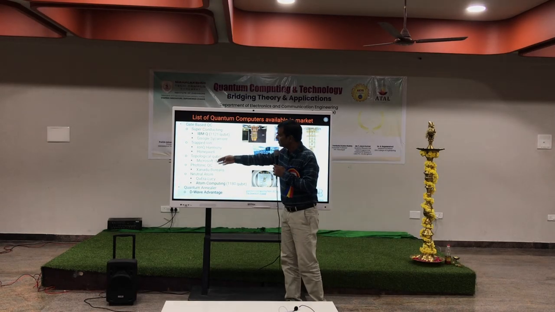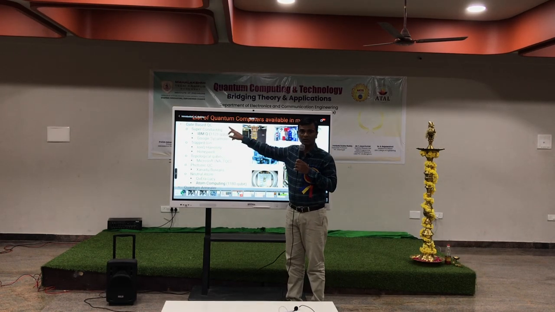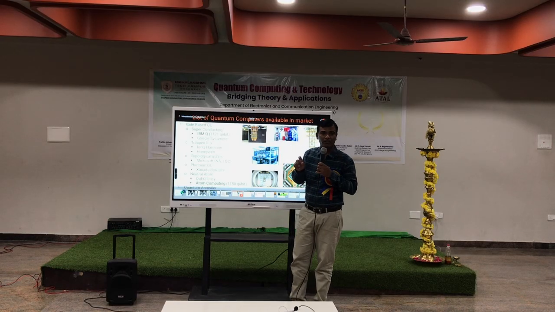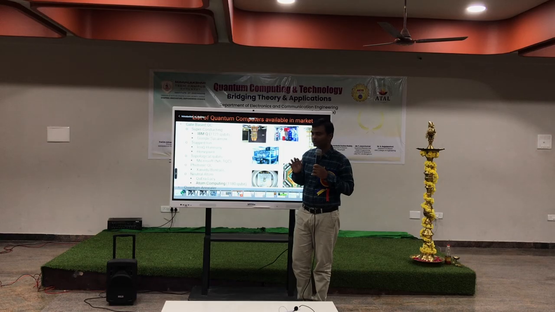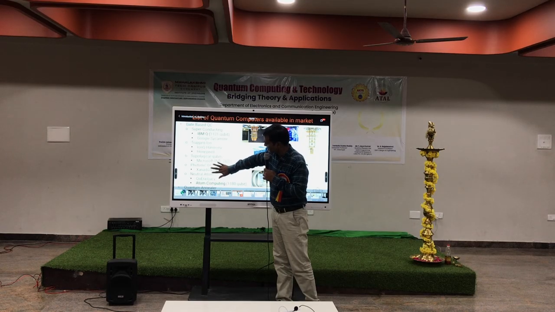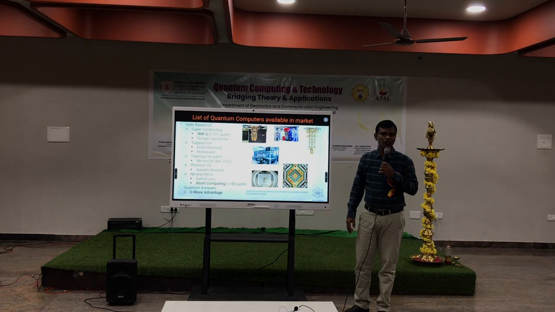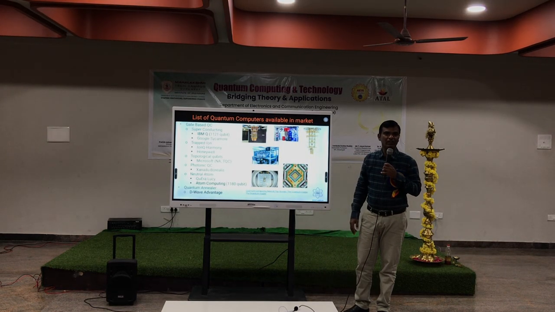Among these, gate-based quantum computers are predominantly used for calculation purposes. Trapped ion is also used, and topological is always the least used. But quantum annealing is used only for machine learning, for the optimization problems.